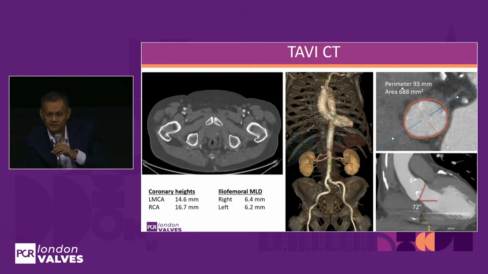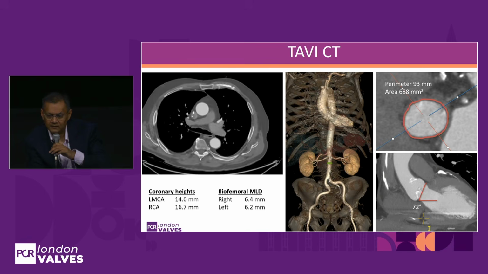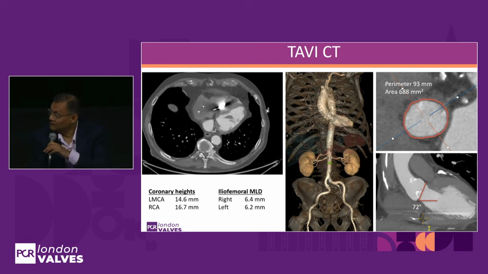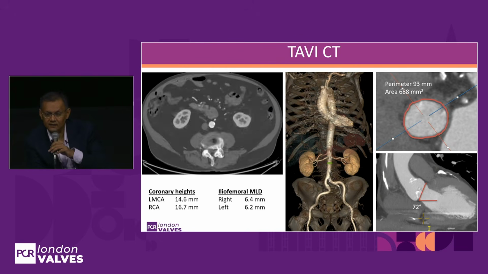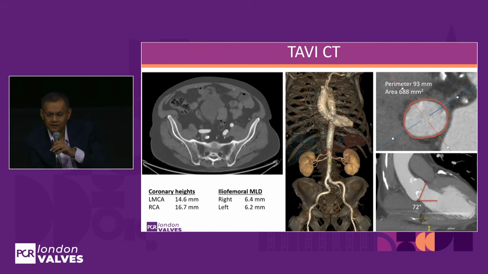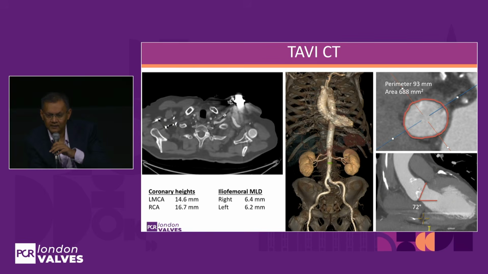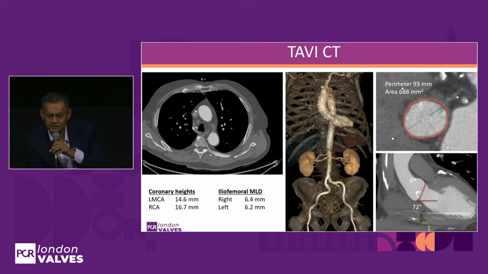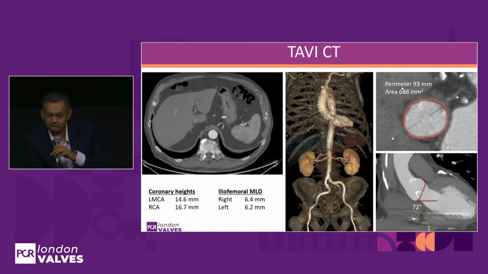We would do this either way, but we use a 35 Navitor on occasion for this. It's a larger prosthesis, but the interplay and the softness of the prosthesis allows for very good and precise placement in both the non and the left coronary cusp.